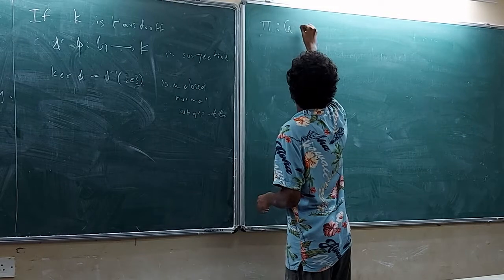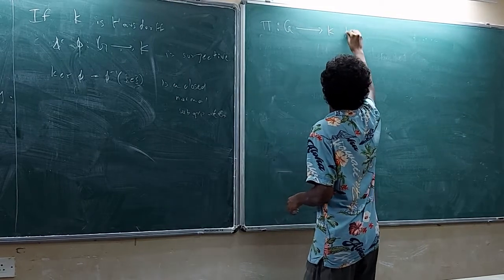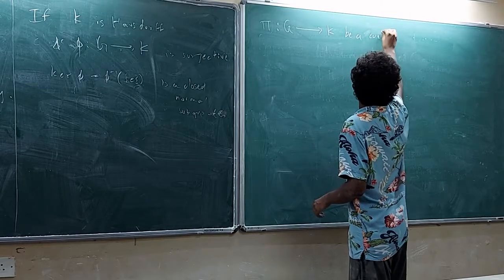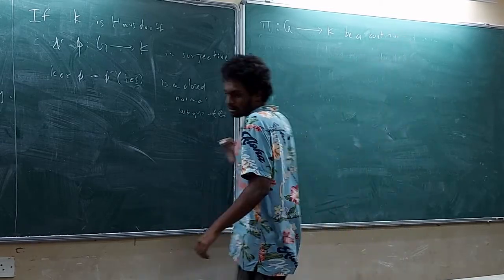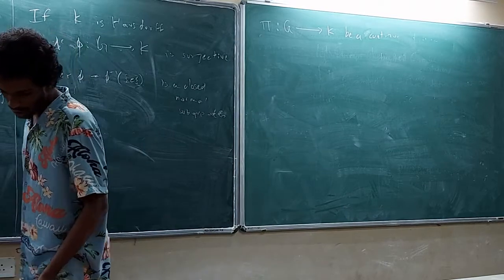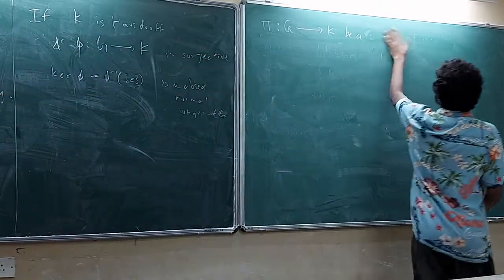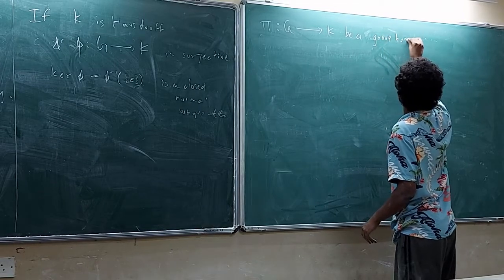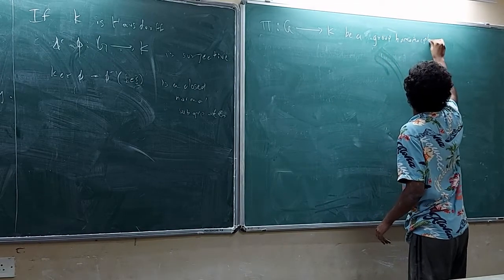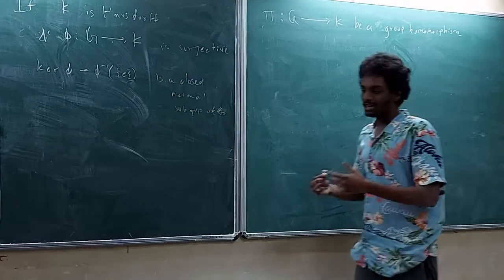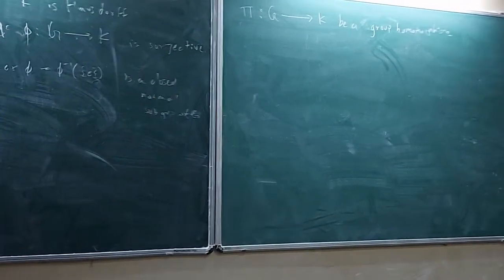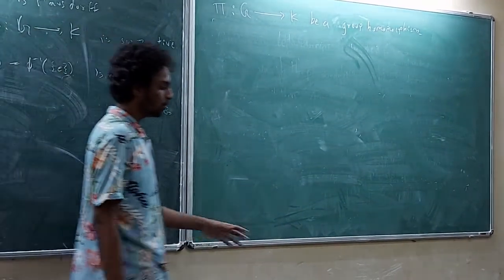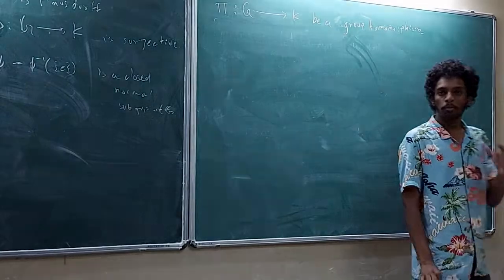So let phi from G to K be a group homomorphism. I want the criteria that will tell when my homomorphisms are in fact continuous, because we know the group structure very well, but the topology we don't know too well.